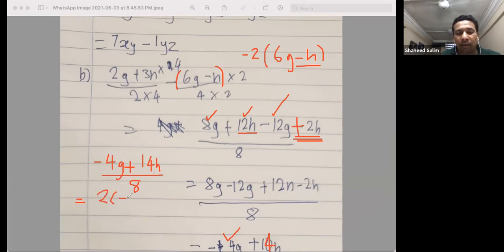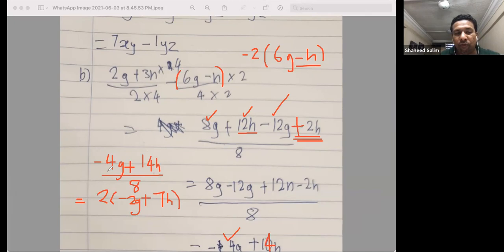So when you take out 2, you are left with minus 2g plus 7h. Can you see I'm factorizing both? Because I need to divide by 2. I will get back the 4, but it's a little bit longer.